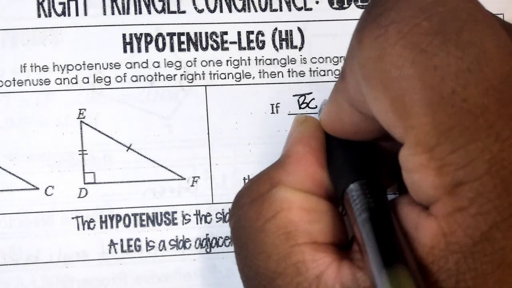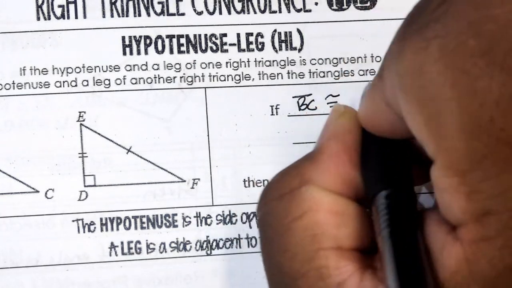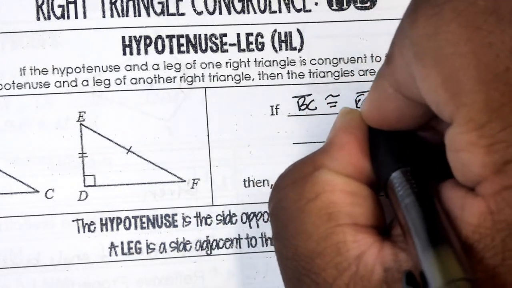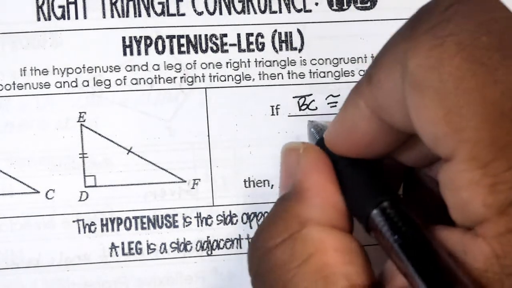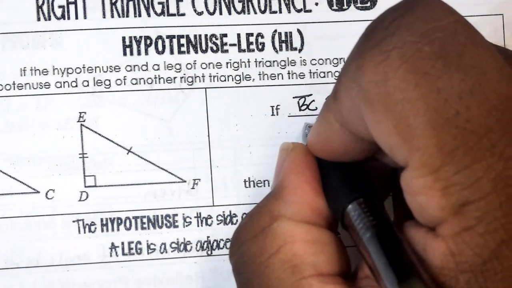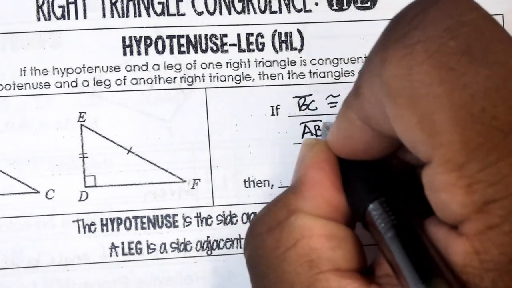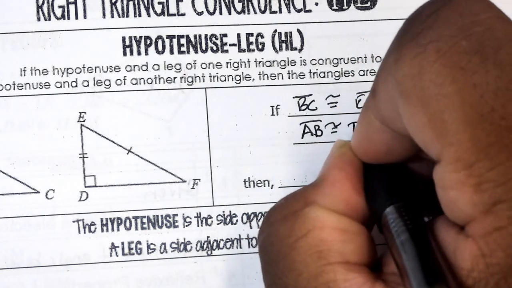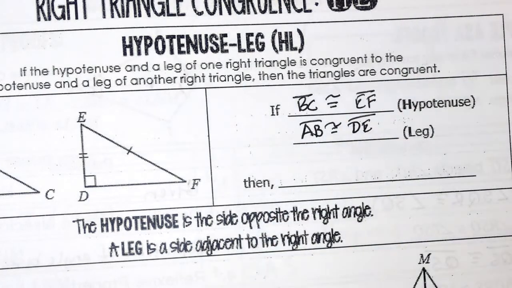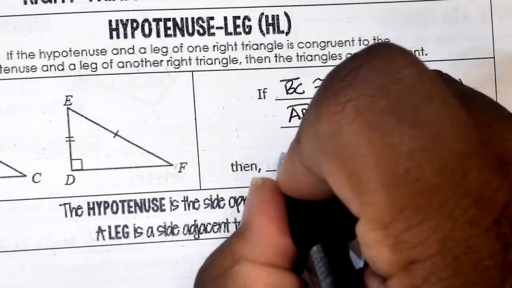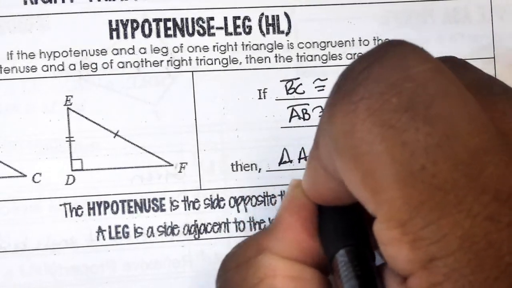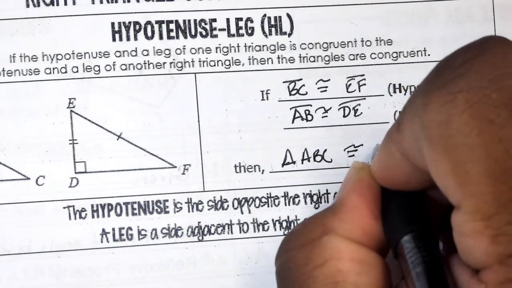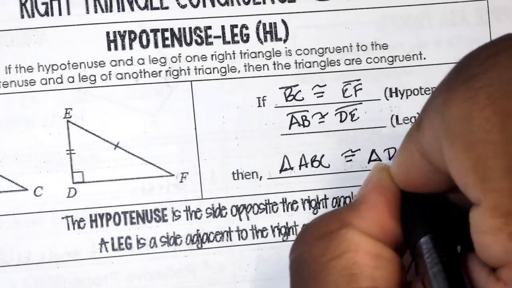Segment BC is my hypotenuse, congruent to segment EF. And then I have to have one of my other legs congruent, which in this case was AB. It's congruent to DE. And if that is the case, then triangle ABC will be congruent to triangle DEF.